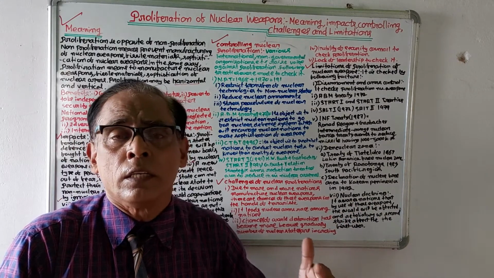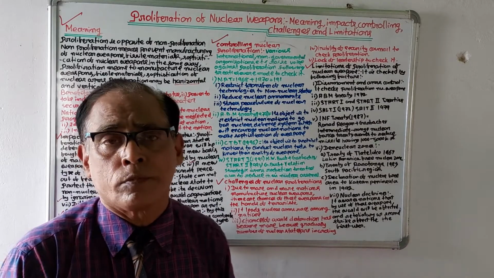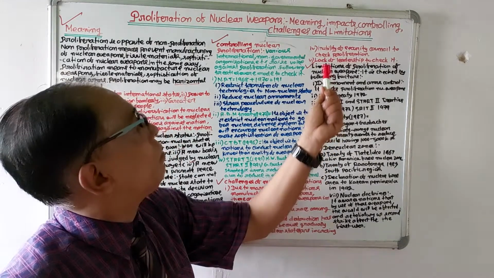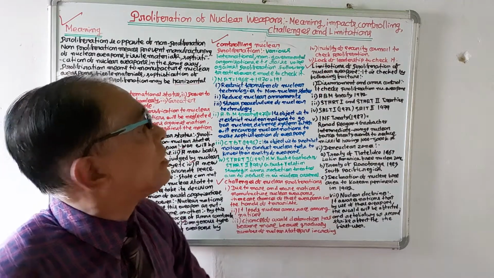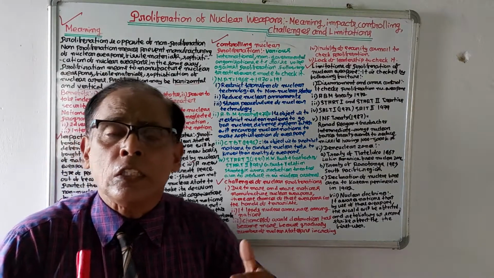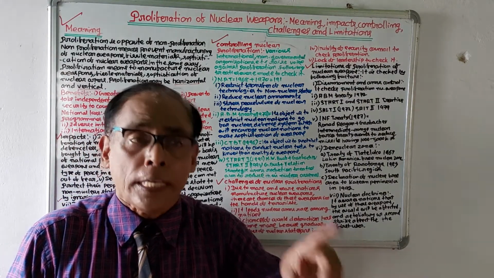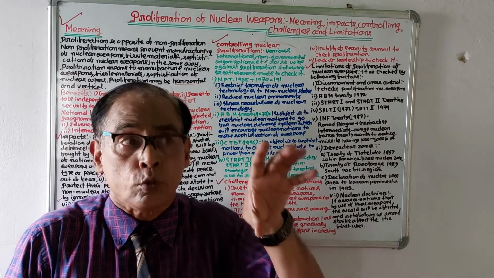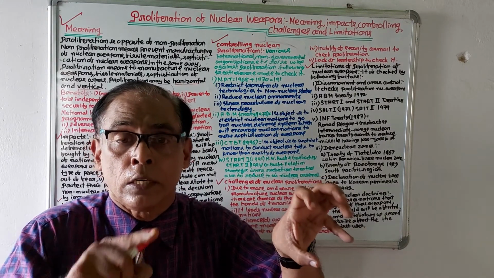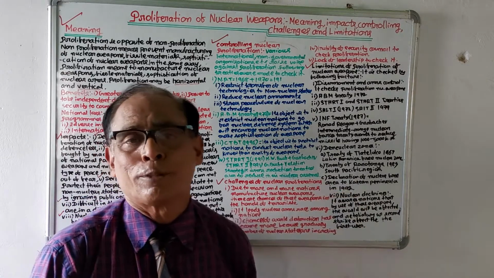Security Council is unable to take any action. This is another problem. Number 5, lack of leadership to check it. In the world, there is no common leader who can take steps to restrict nations from proliferating nuclear weapons.